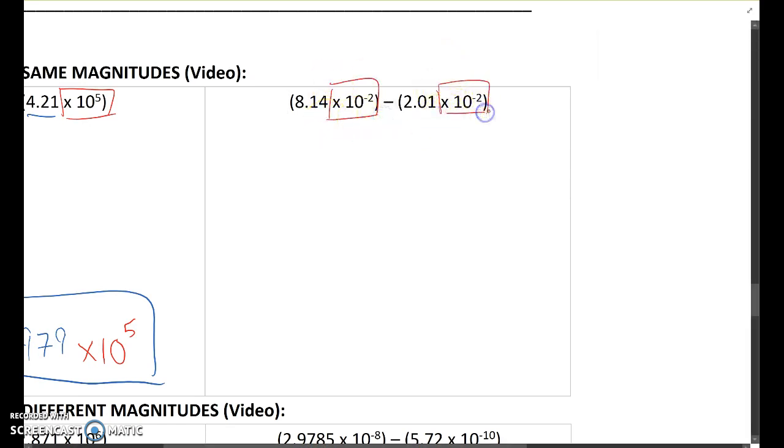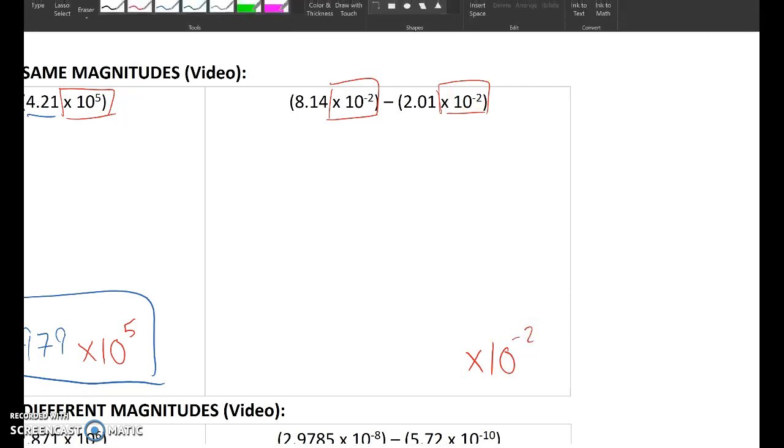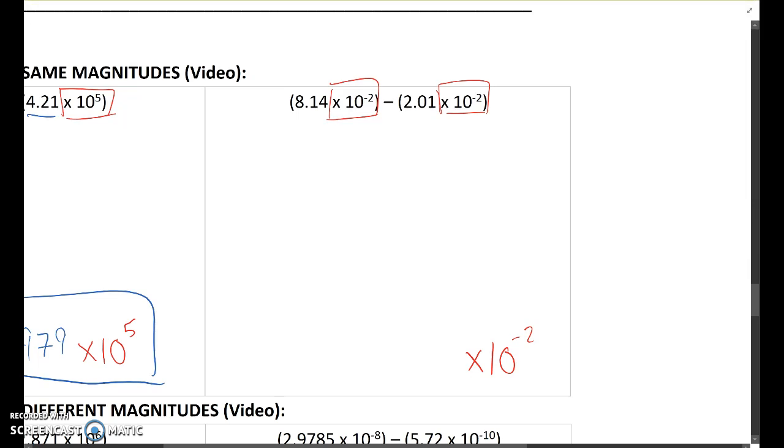Let's check. Now, the first thing I do is I verify that my magnitudes are the same. If they are the same, I come down and I write 10 to the negative 2. From there, I just need to do some minor things. I say 8.14 minus 2.01, and I get 3, I get 1, my decimal comes down, and I get 6.